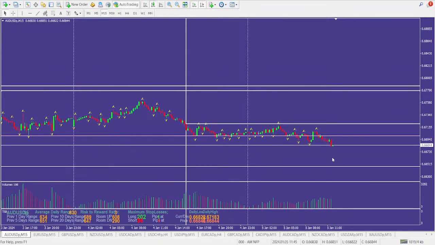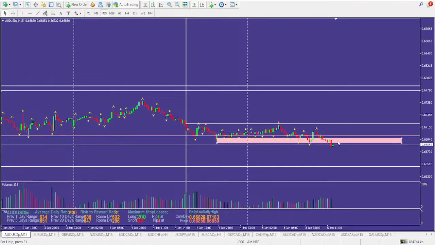Pretty simple over here. Price is currently testing our demand level. If price continues to consolidate at this level, then we'll wait for potential buying opportunities here.